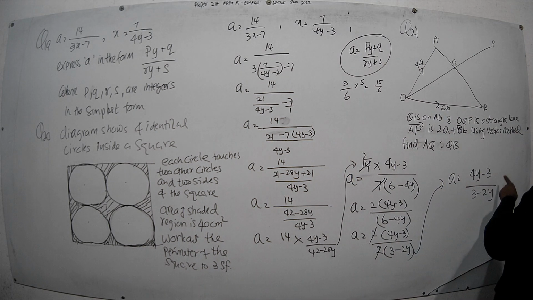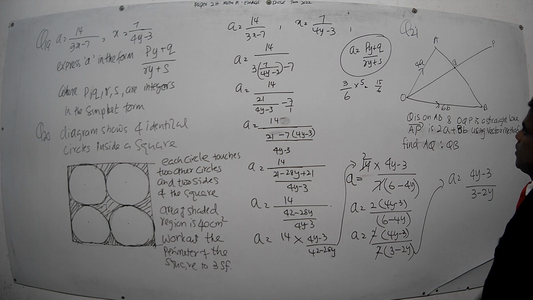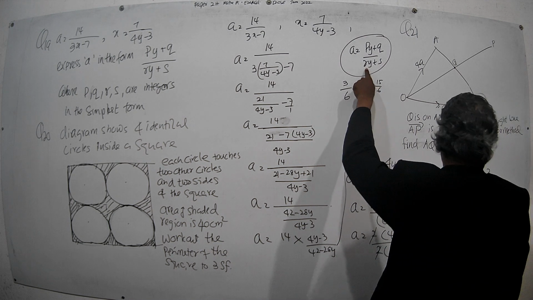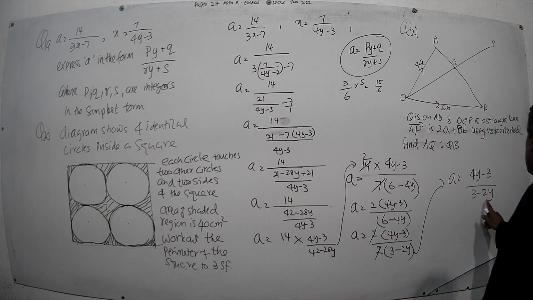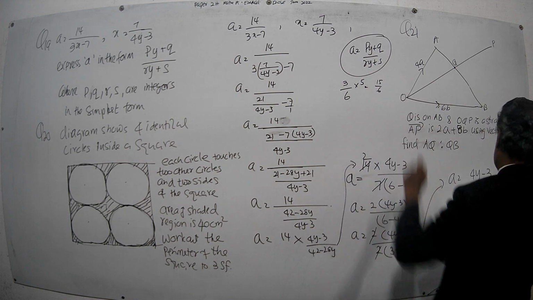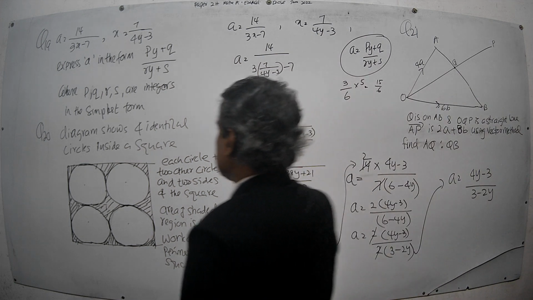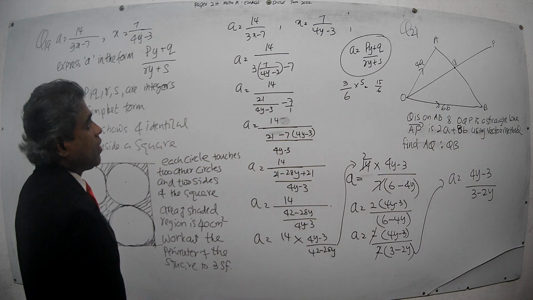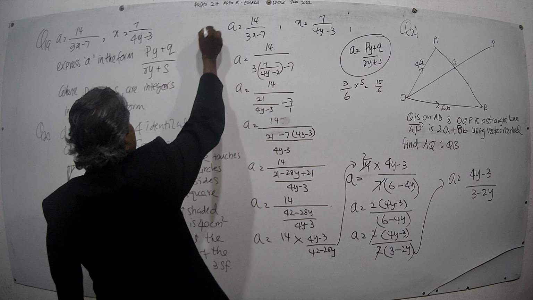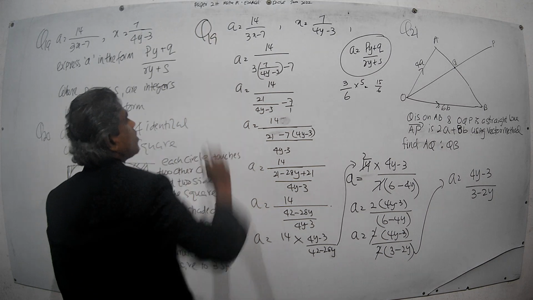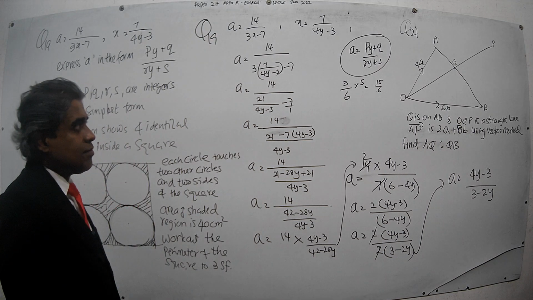What is Q? Q will be minus 3. What is R? R is minus 2. Then what is S? 3. Okay. Right, found. Q19, this one. Okay. Q19 is done.